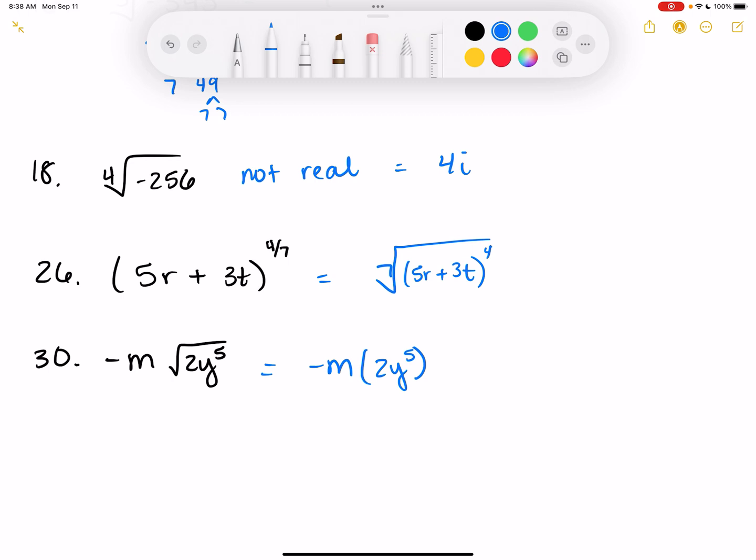How do we rewrite radicals the other day? Or exponents as radicals. Vice versa. No. I'll give it to you. It's not a whole number.